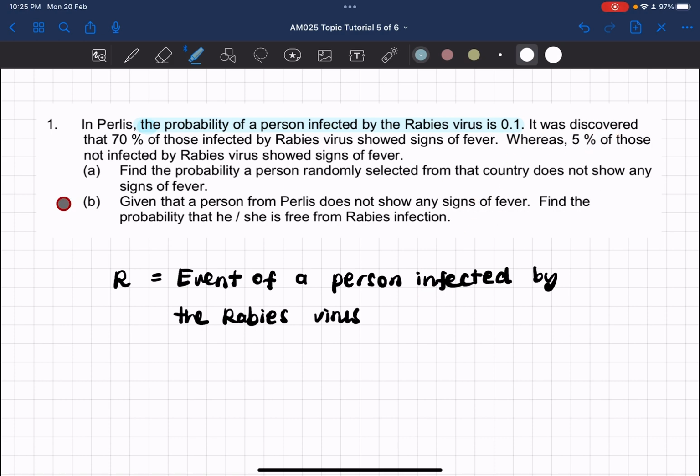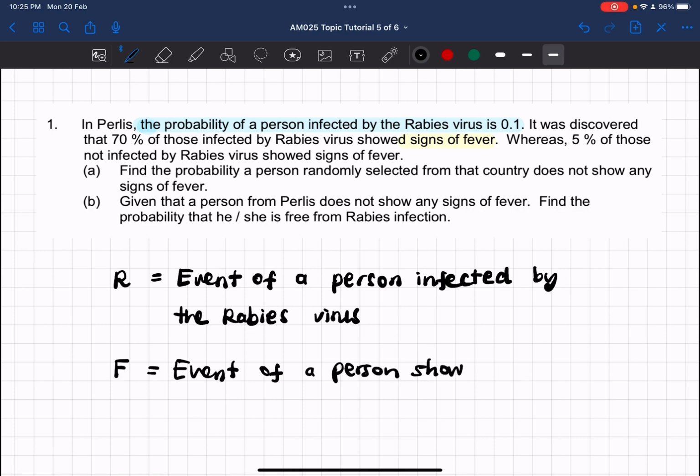it was discovered that 70% of those infected by the rabies virus showed the signs of fever. So this is another event. We can denote it with F, and it is the event of a person showing signs of fever.